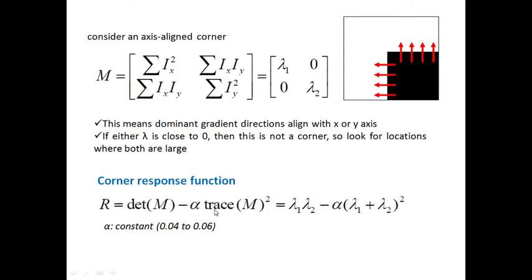Minus alpha into trace of M, which is nothing but addition of the diagonal elements, so lambda 1 plus lambda 2 whole square. So alpha is a constant that varies from 0.04 to 0.06. So this is the case when I am mainly focusing on the corner case only, that is an axis aligned corner.